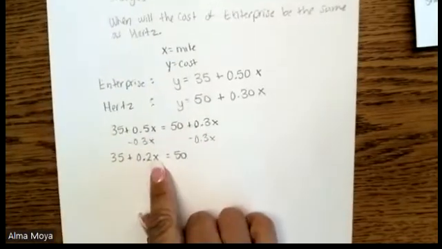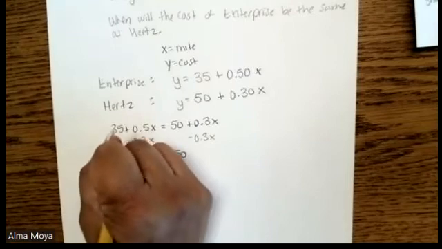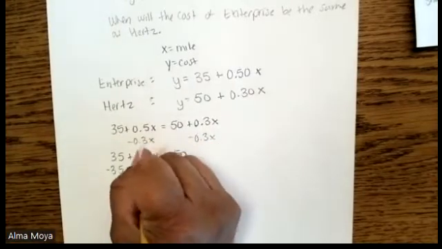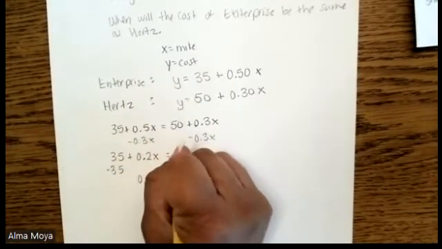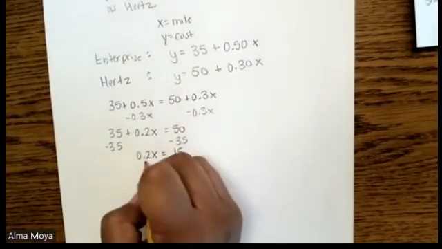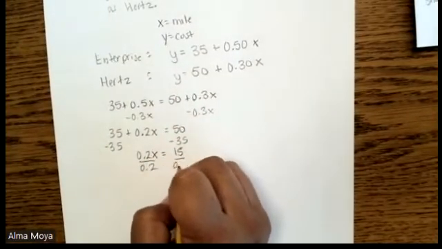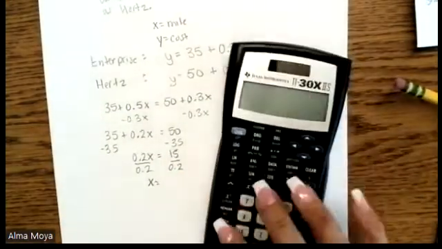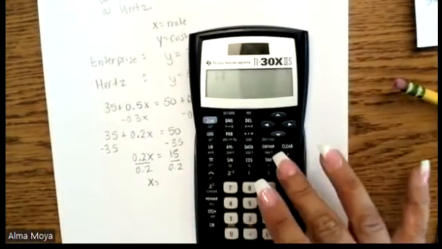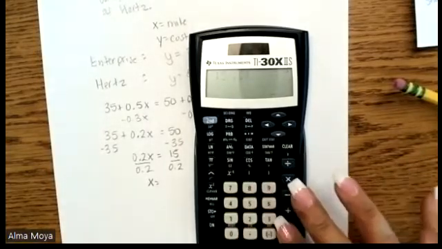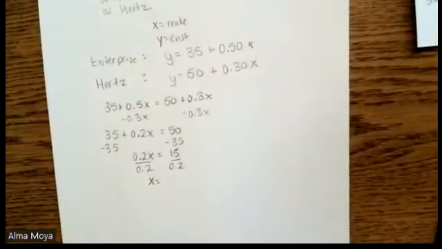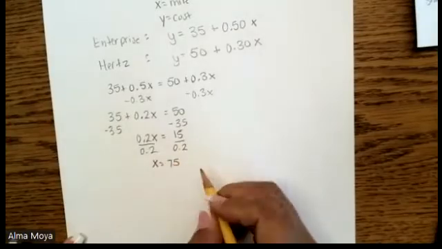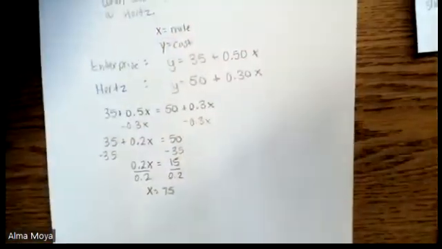Now I'm solving for x, so I need to move the 35. And now I'm just going to divide by 0.2 on both sides. And that equals 75. And keep in mind that X represented the number of miles.